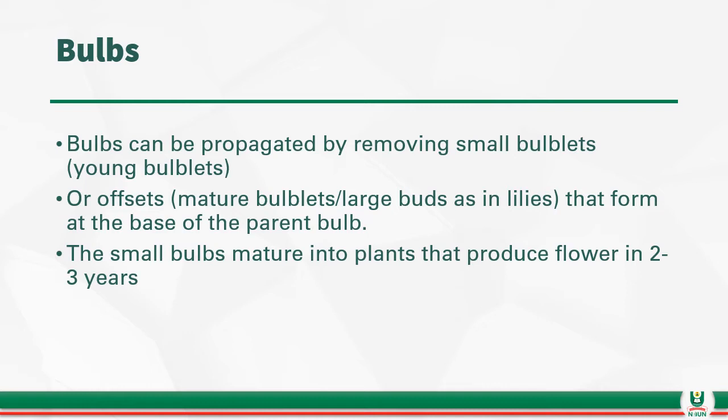What you do is that you plant them, and large bulbs like in lilies form at the base of the parent bulb. So the small bulbs mature into plants and produce flowers in 2 or 3 years. So they are usually biennials by nature.